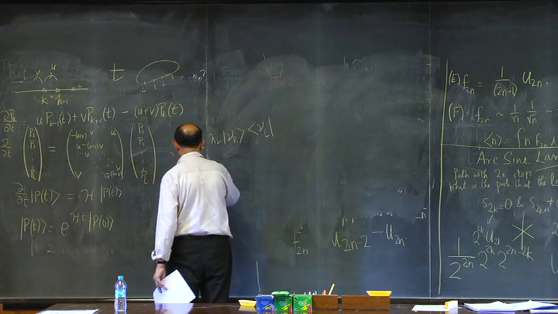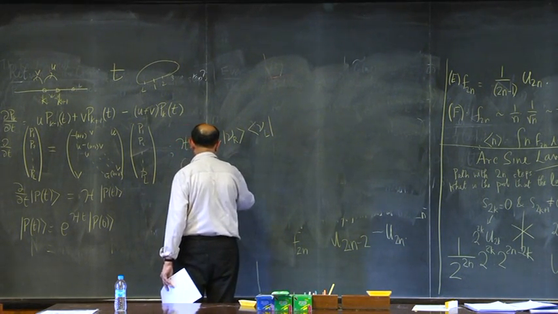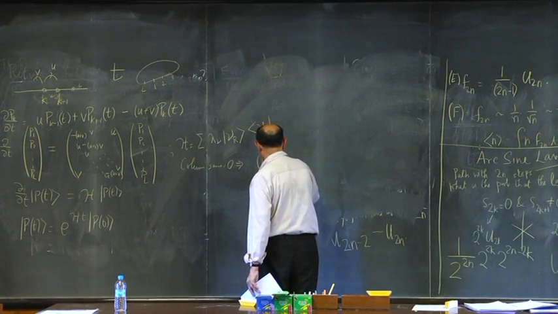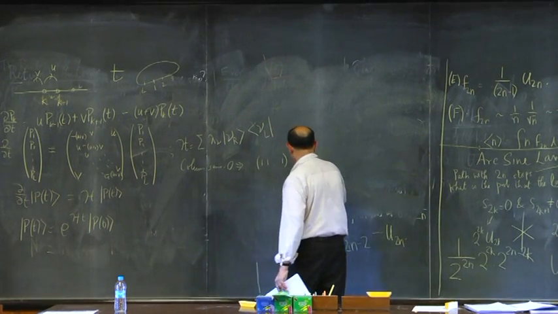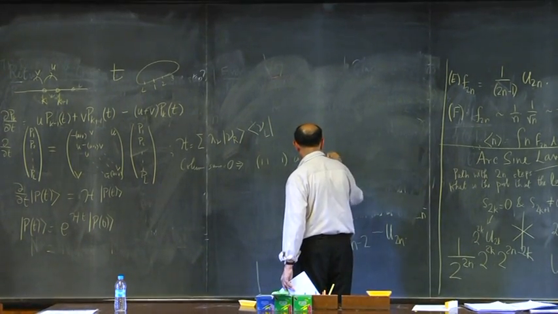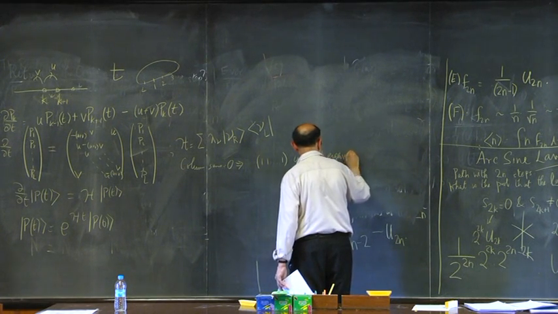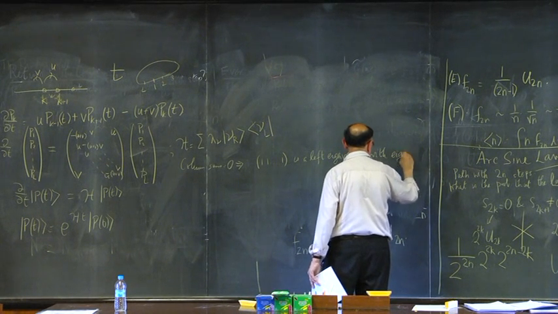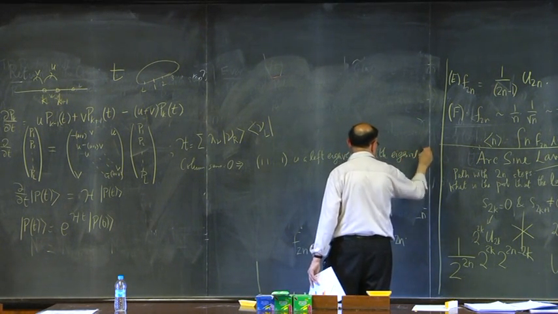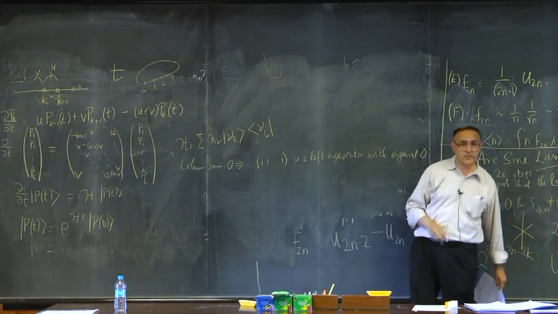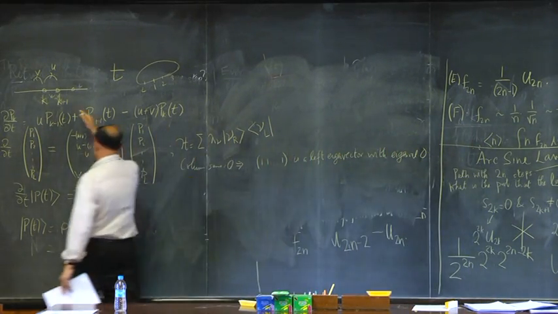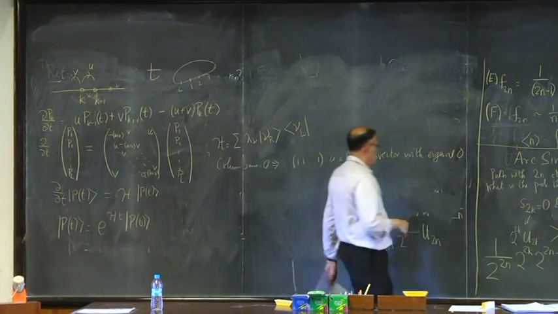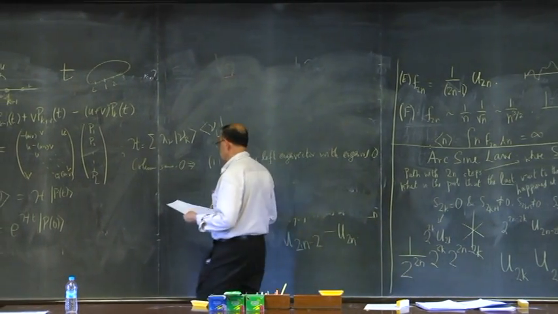Column sums imply the vector 1 1 1 1 is a left eigenvector with eigenvalue 0. Why? Because when you multiply 1 1 1 1 with the matrix, you will just get the sum of each column. You just get 0 0 0. Okay, so just note this.